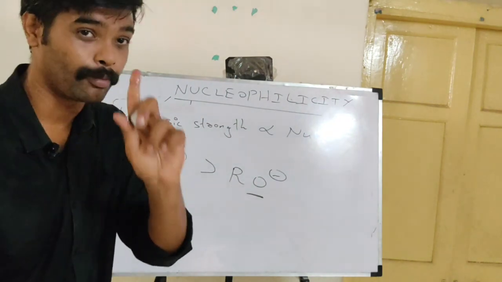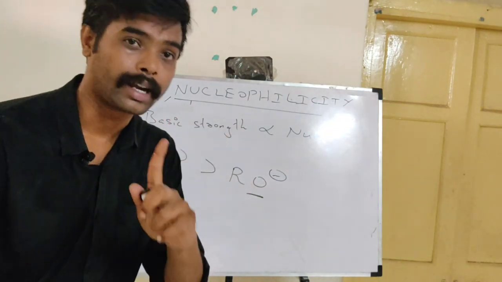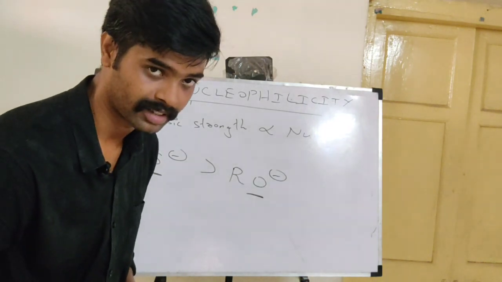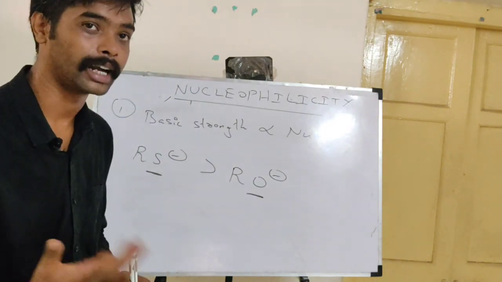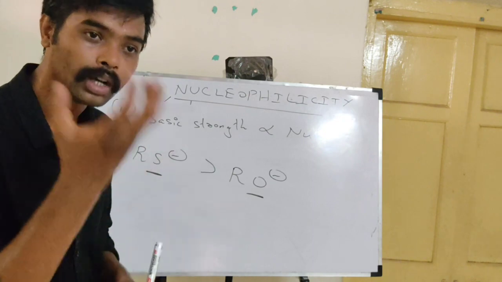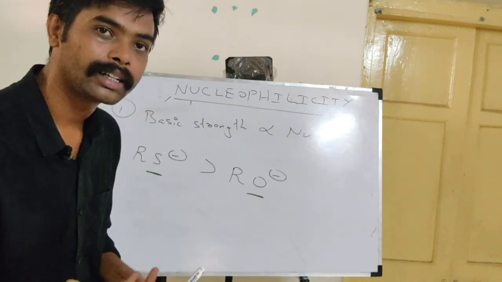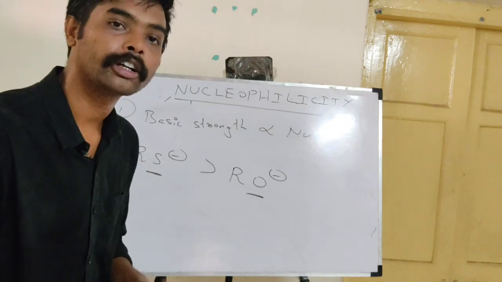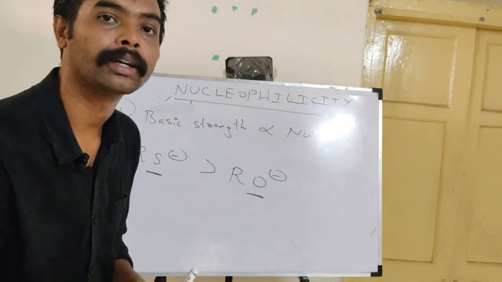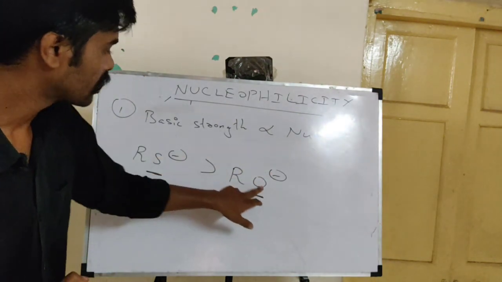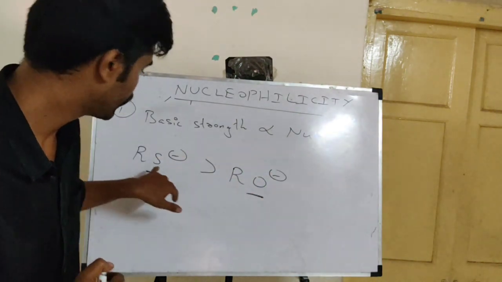Now obviously one beautiful thing comes into the picture, and that is electronegativity, right? So we know what electronegativity is, isn't it? Electronegativity is the ability of the element to accept the electron, how much love it has for electron. So if an element is highly electronegative, for it to lose electron is going to become more and more difficult. Now obviously I know oxygen is more electronegative than sulfur.